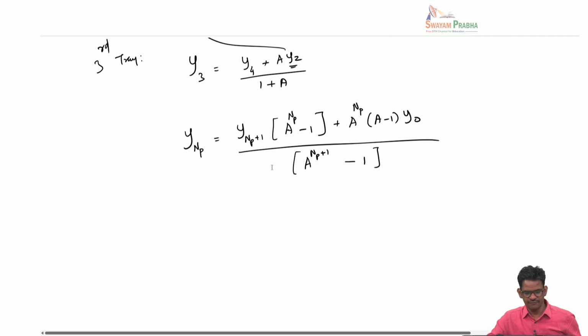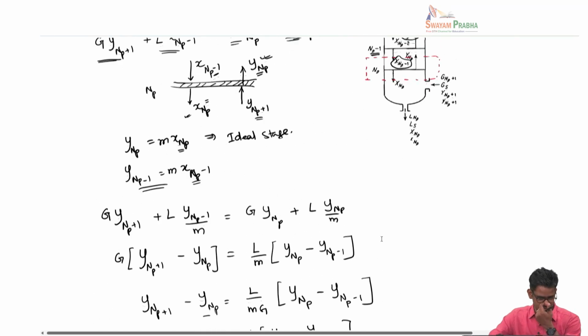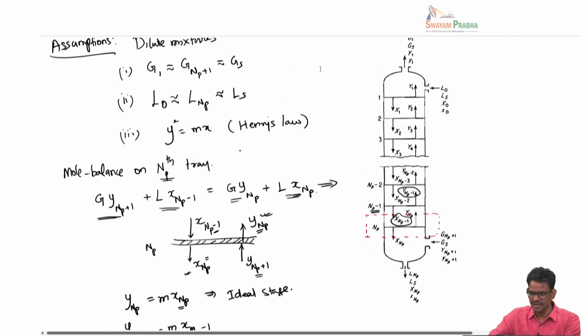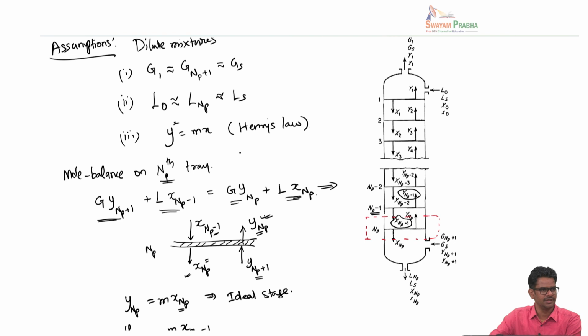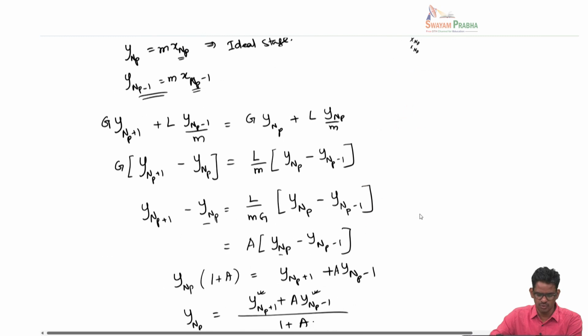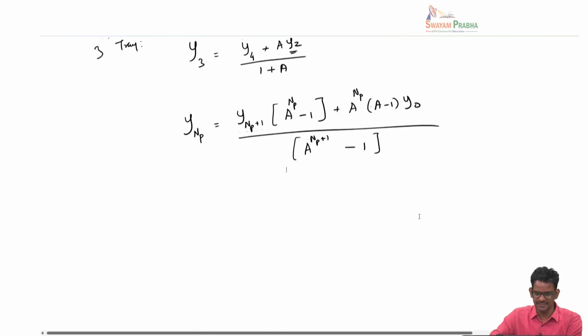So the way forward would be, we can do another mass balance over the entire column. If I look at the entire column, the inlet outlet streams of the gas and liquid, I can set out one material balance equation, and that will be one additional equation I can use to replace one of these variables.